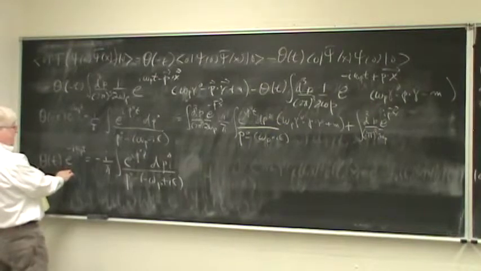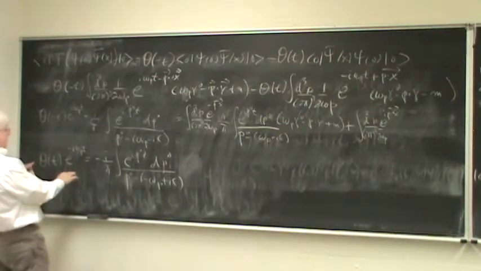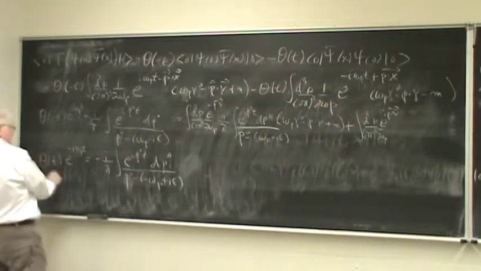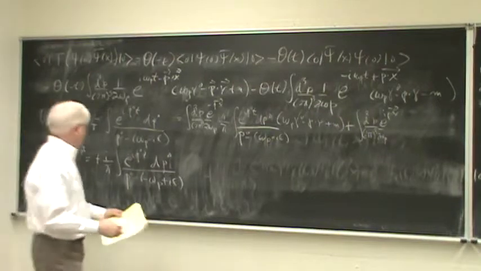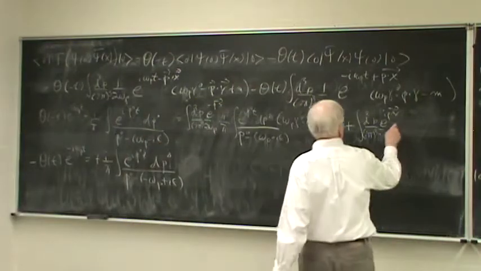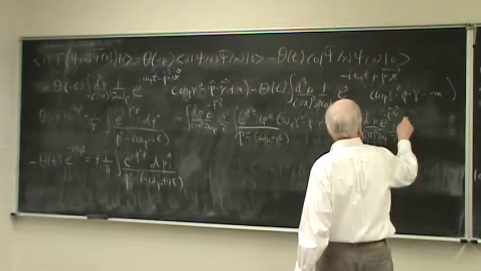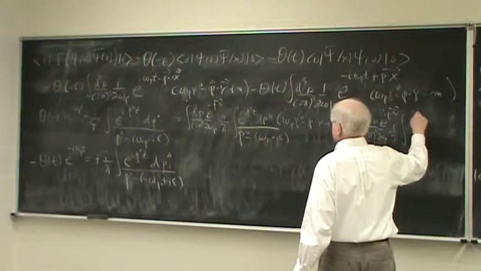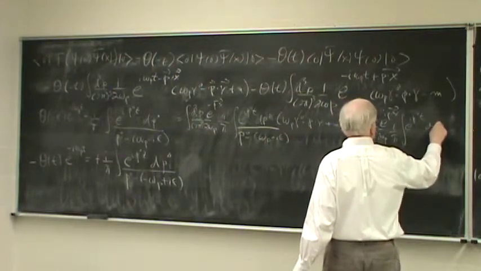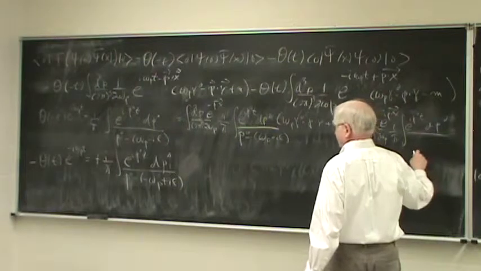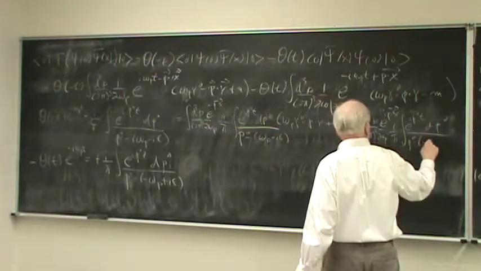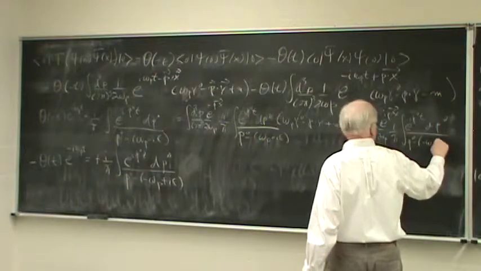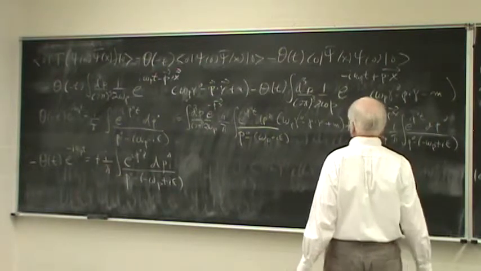That's this thing apart from a minus sign, but if we put a minus sign here, we make a plus sign there. So minus theta times the phase factor is this thing. And so now we have i over π integral e^{ip₀t} dp₀ over p₀ minus ω_p plus iε.